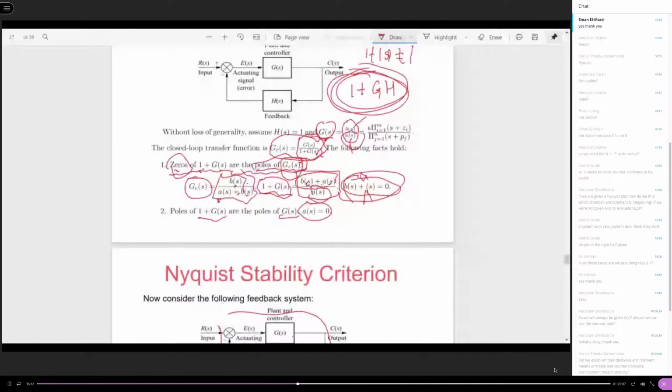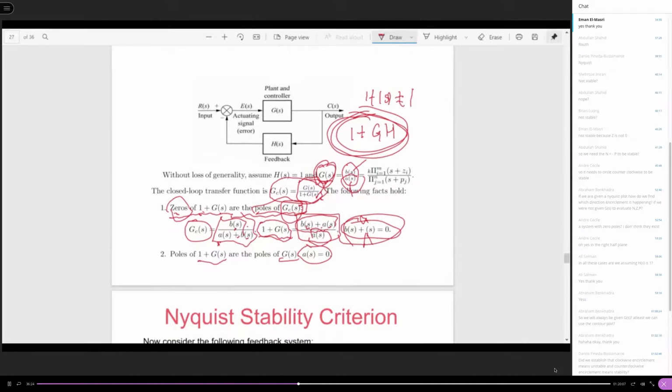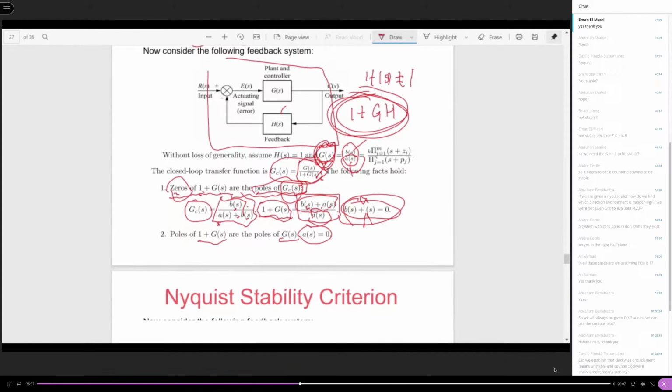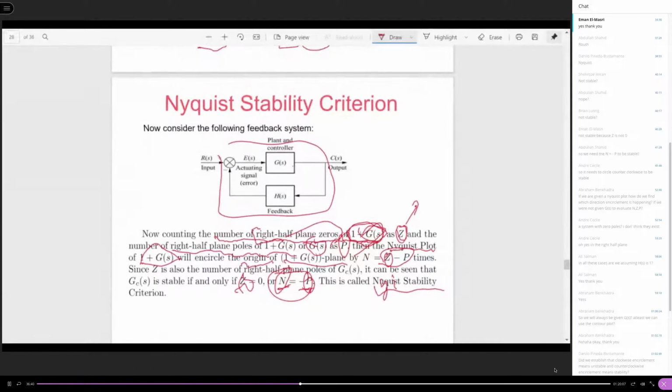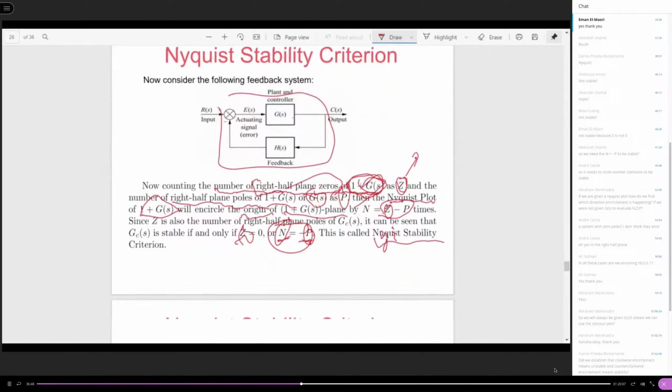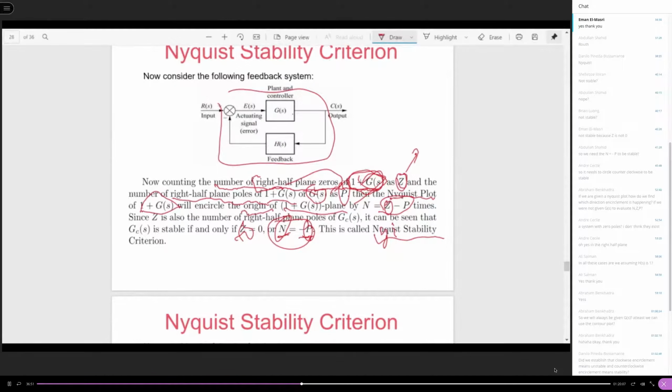You just need the information of G(s). Then you can predict whether, if you put this open loop system into this feedback structure, the closed loop system will be stable or not. Is that nice? That is very nice. You don't even need to derive the closed loop transfer function. This is why the Nyquist stability criterion is applied in control so broadly, because people like it.